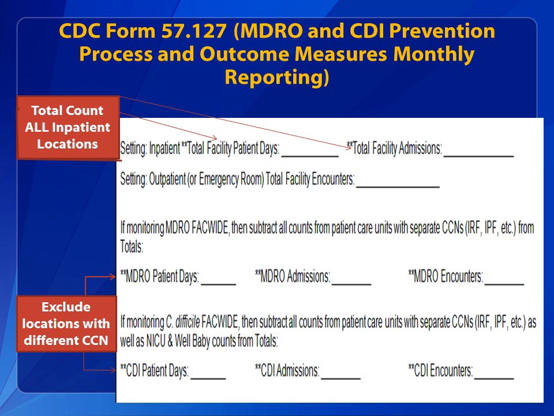Next, users must enter those denominator counts for all locations minus those locations with a separate CCN, which may include CMS IRFs and CMS IPFs. Remember, for CDI patient days and admissions, counts for baby locations should also be excluded. Again, detailed guidance for completing this form is provided in the Table of Instructions document.